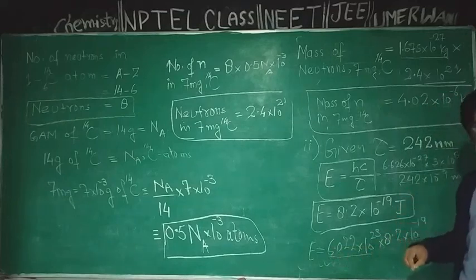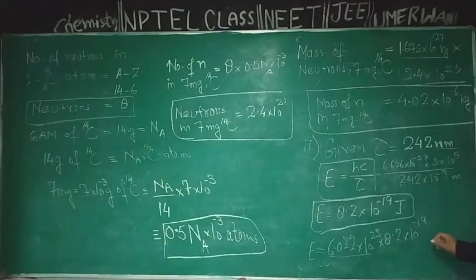Then I have to convert my value from joules into kilojoules, for which I will multiply it by 10 raised to power minus 3 and I will get the answer in kilojoule per mole.